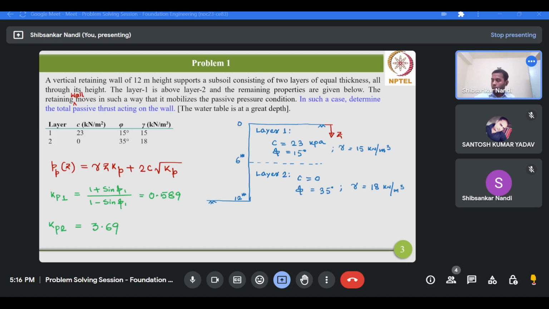Please check these two values, whether they are correct or not. I think I have made a mistake. For calculating the passive value, it will be 1 plus sin 15 divided by 1 minus sin 15. So 1.698.